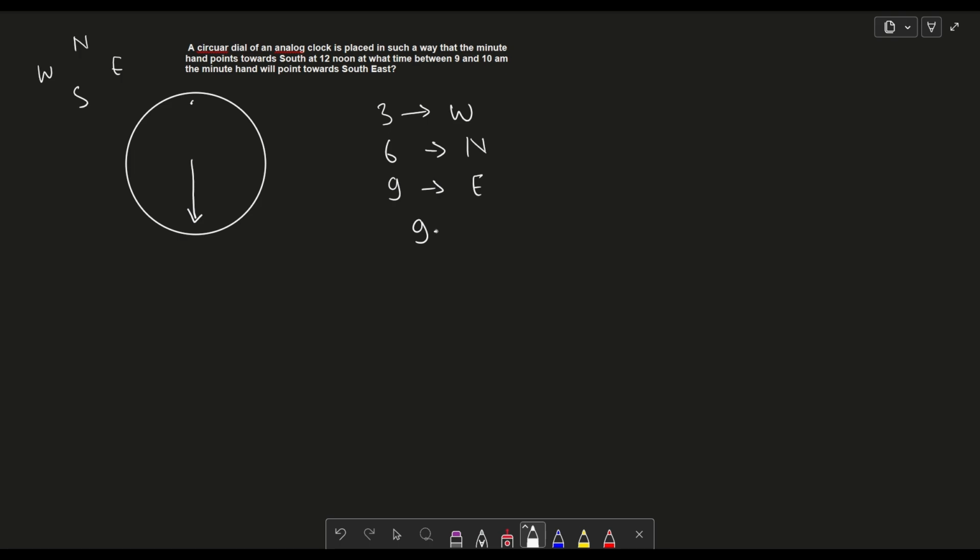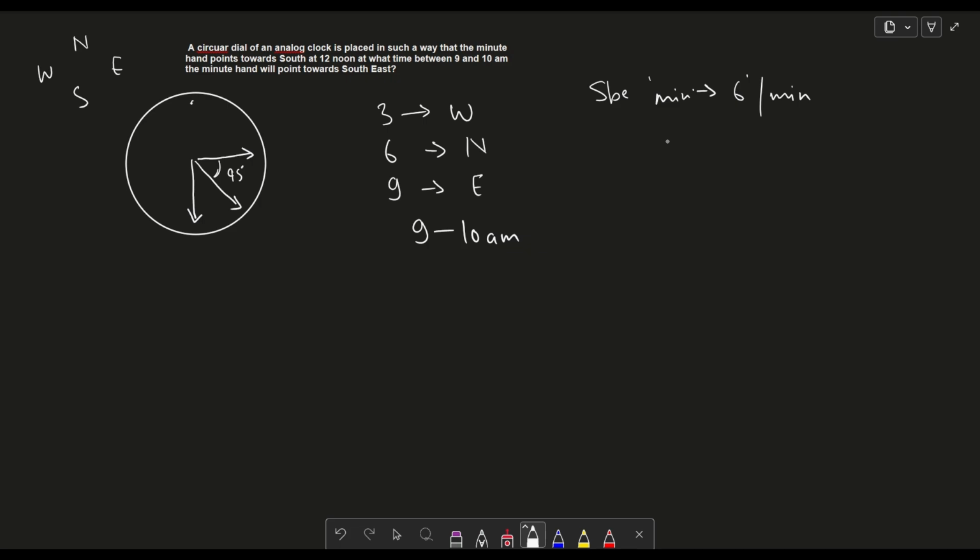So I have to tell between 9 and 10 a.m. at which time it will point in the south east direction, which is this, okay? And my initial position is in east, so this is 45 degrees. Can you see that? Okay, and I know that the speed of our minute hand is 6 degrees per minute, right?